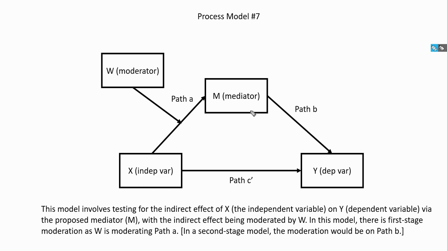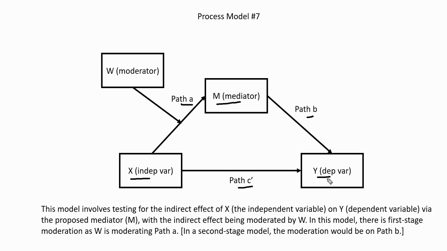We have a mediational triangle, if you will, where we have variable X, a mediator, and variable Y. In this triangle we have paths A, B, and C prime, and each of those paths represents a direct effect of one variable on another. Path A reflects the direct effect of X on the mediator, path B reflects the direct effect of the mediator on the dependent variable, and path C prime reflects the direct effect of X on Y.